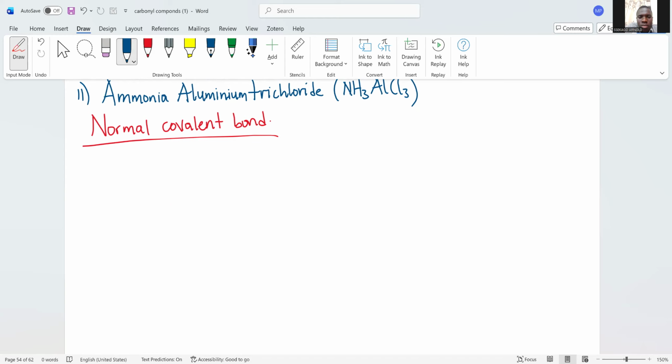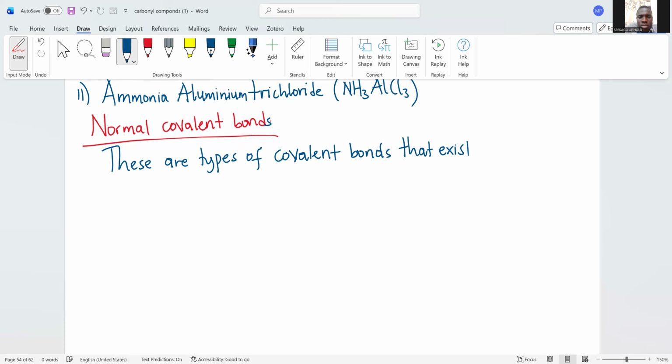So, another type of covalent bond: normal covalent bonds.